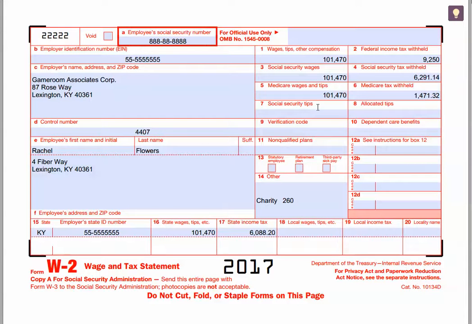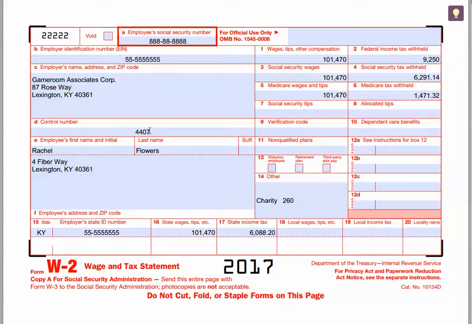We have all of her information. She has a control number 4407, so that's line D right here. Gross earnings for federal income tax, Social Security, and Medicare were 101,470, so that's what we entered in lines 1, 3, and 5. And the taxes are listed here for lines 2, 4, and 6.